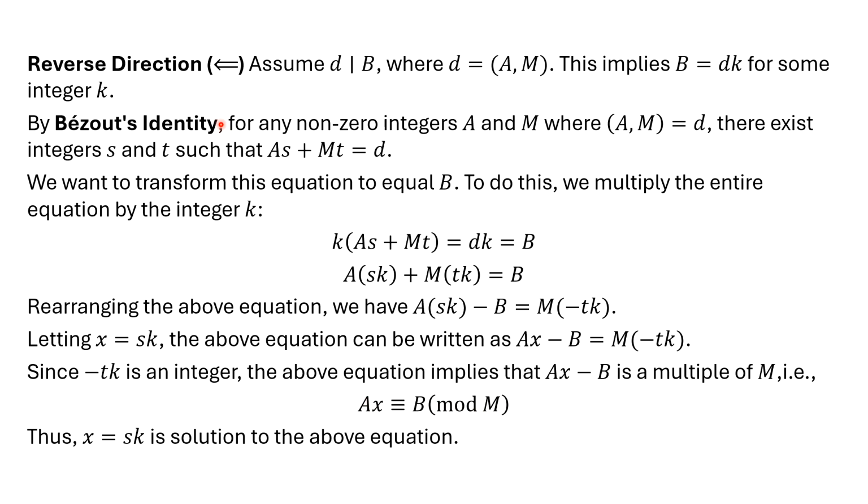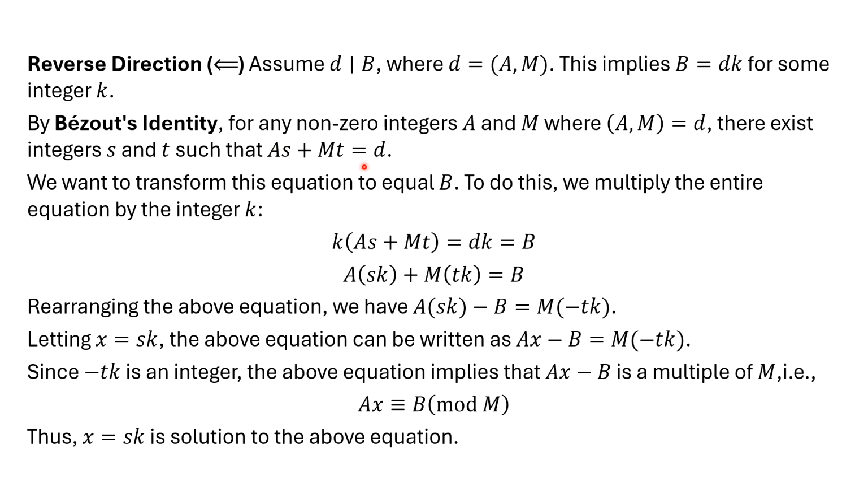So what we'll do is make use of something called Bezout's identity, which is quite useful, and we'll see it in other problems that we look at later on. So for integers a and m, where the GCD of a with m is d, there exist integers s and t such that as plus mt equals d.